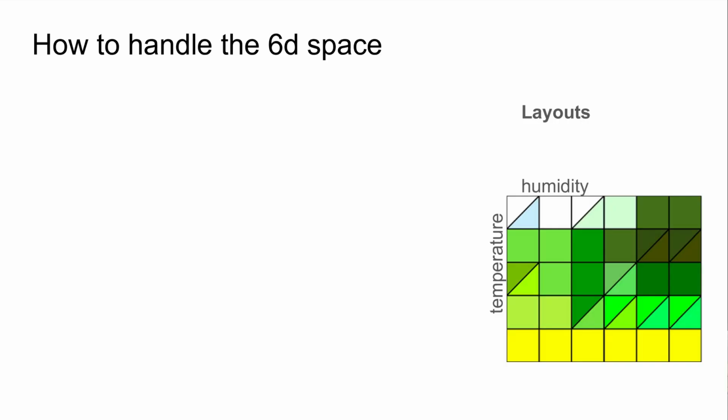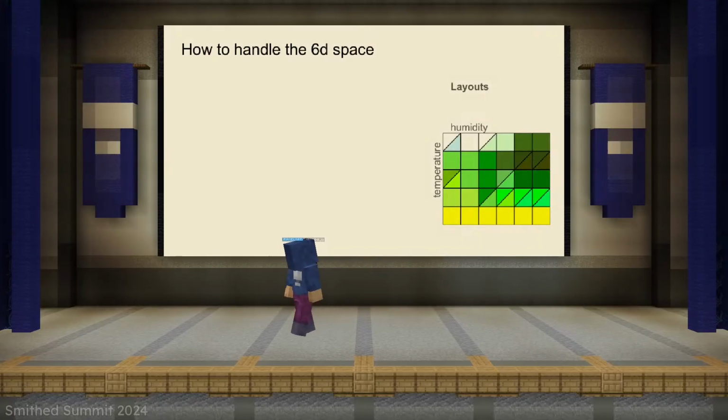Those layouts are just a 2D grid where you can define which biome to place based on the combination of humidity and temperature. So here, for example, we could place desert biomes in areas with high temperature and snowy biomes in areas with cold temperatures, and maybe some jungles in high humidity areas, and so forth.